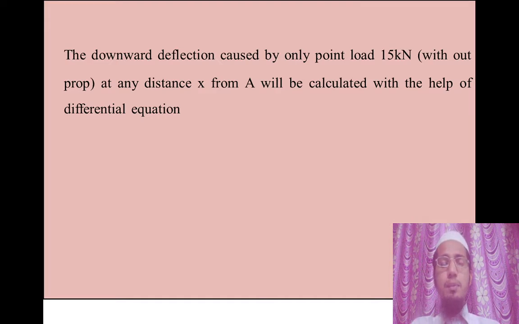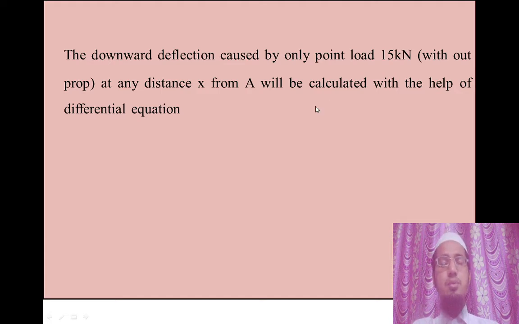Now, as we know, to find the prop reaction we have to equate the downward deflection due to the point load with the upward deflection due to the prop. In this case, the downward deflection caused by only the 15 kN load, without the prop, at any distance x from A will be calculated with the help of the differential equation.